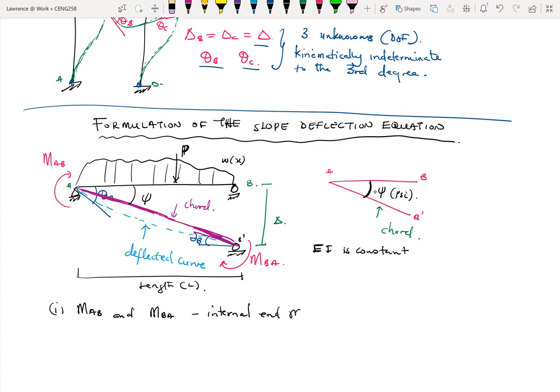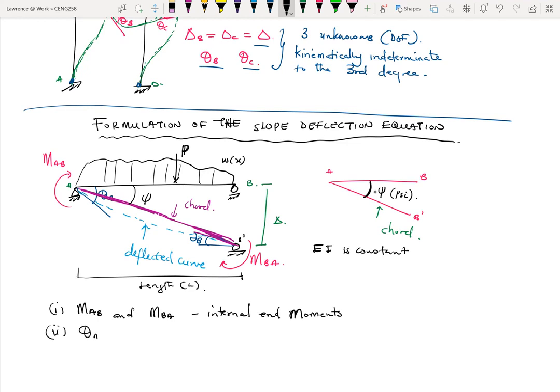Basically what we're trying to do is formulate equations of the various displacements in terms of the loads, where these loads are now the moments. So that if we can rewrite the equation in terms of the moments, then we can easily solve for our displacements.